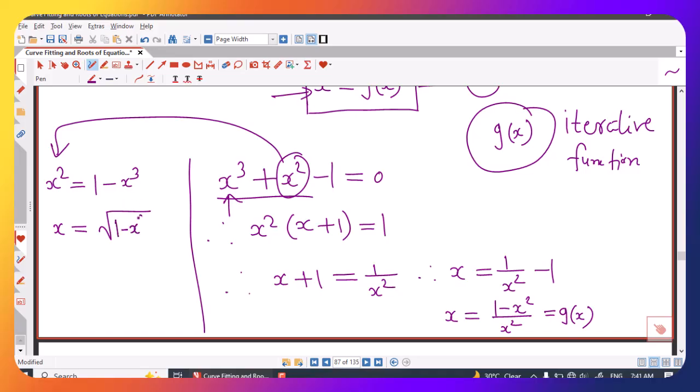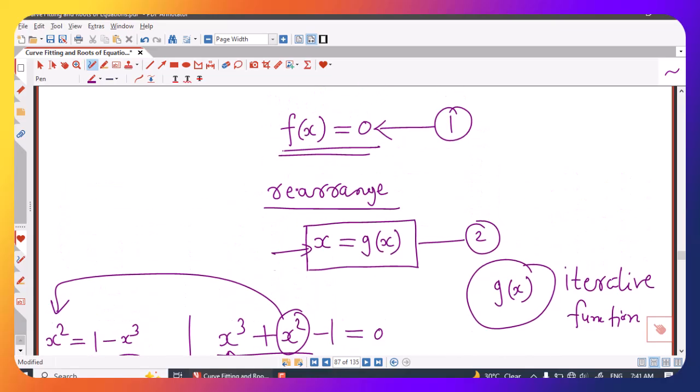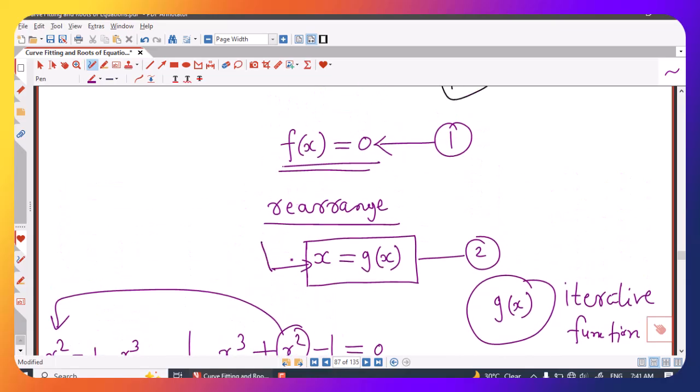We are considering the positive square root. So if I rearrange in this way, I get another g of x, that is g of x equal to the square root of 1 minus x cube. In this way you can rewrite your equation so that it can be converted into this form: x equal to some function of x.